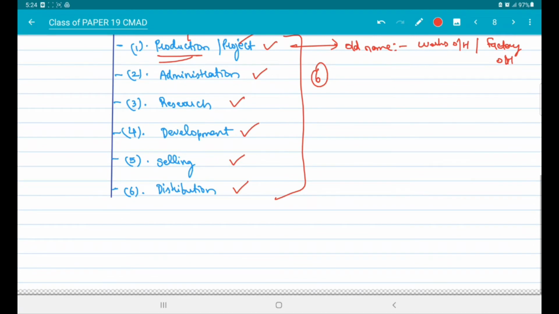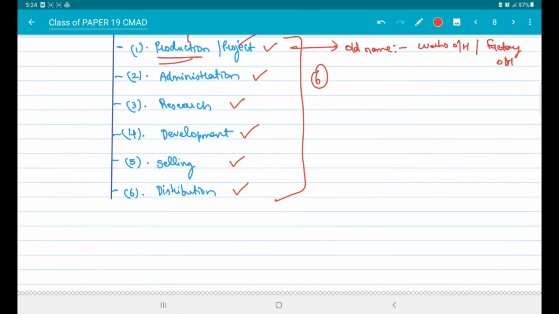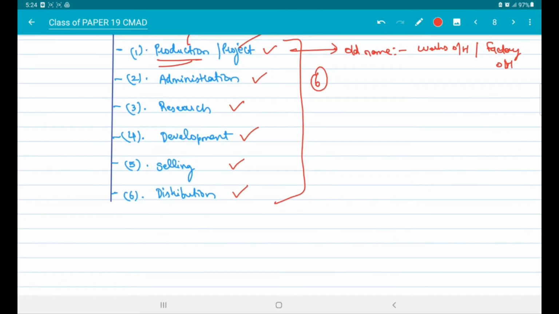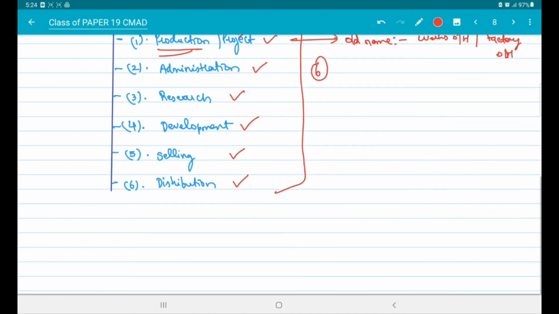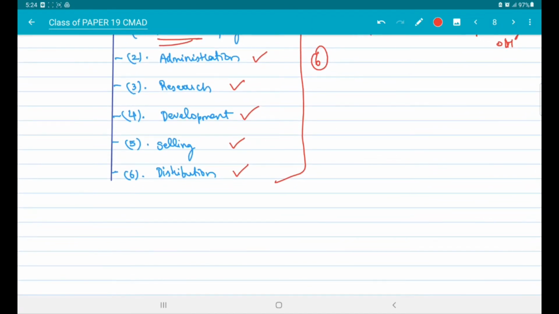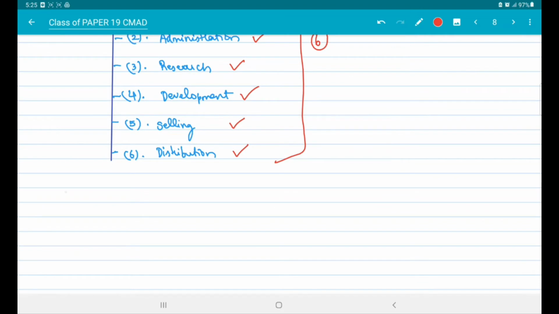Now a few queries might be raised here. Research and development cost used to be an expense. Why here is it separate? There is one history behind this. Note for research and development cost.